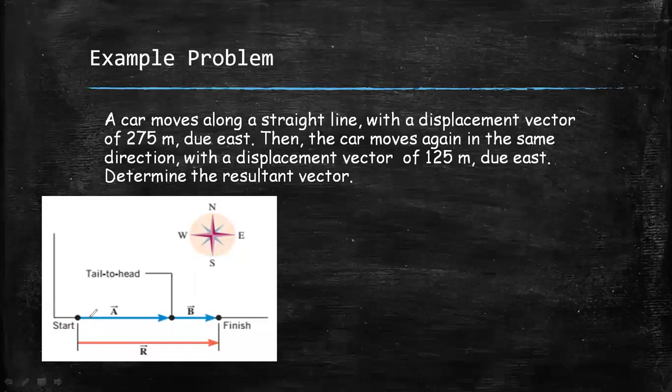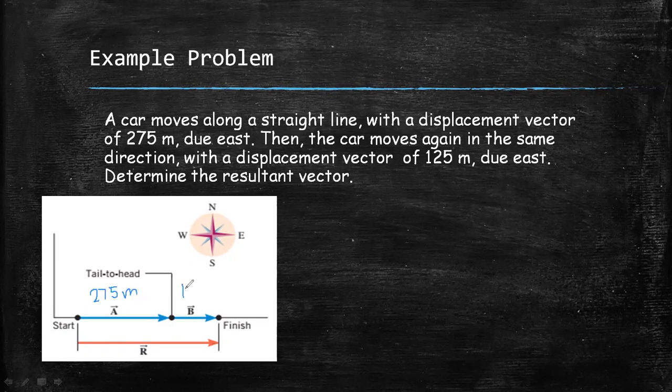So below we have the figure: vector A, which is 275 meters due east, and vector B is 125 meters also due east, as illustrated in the figure.